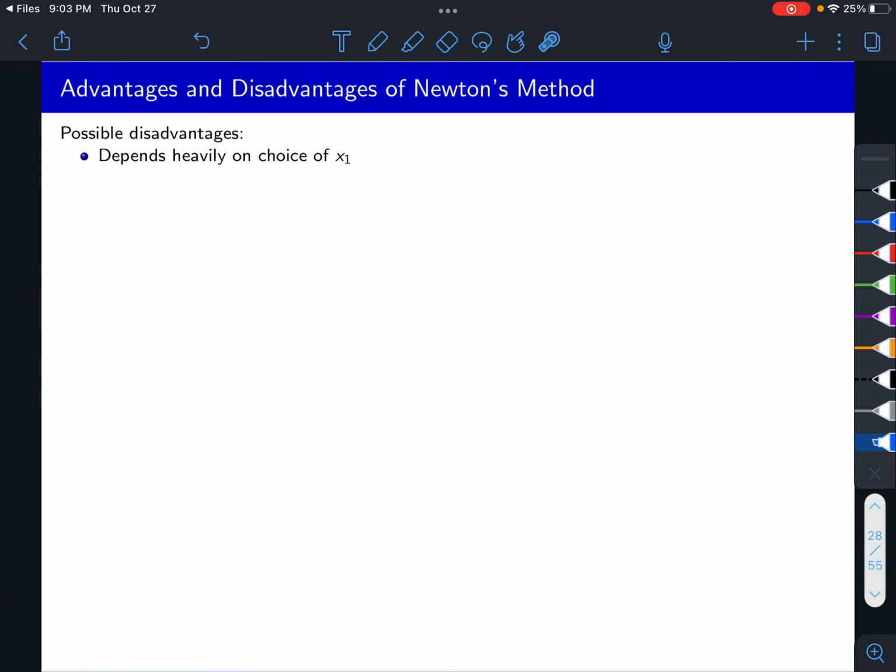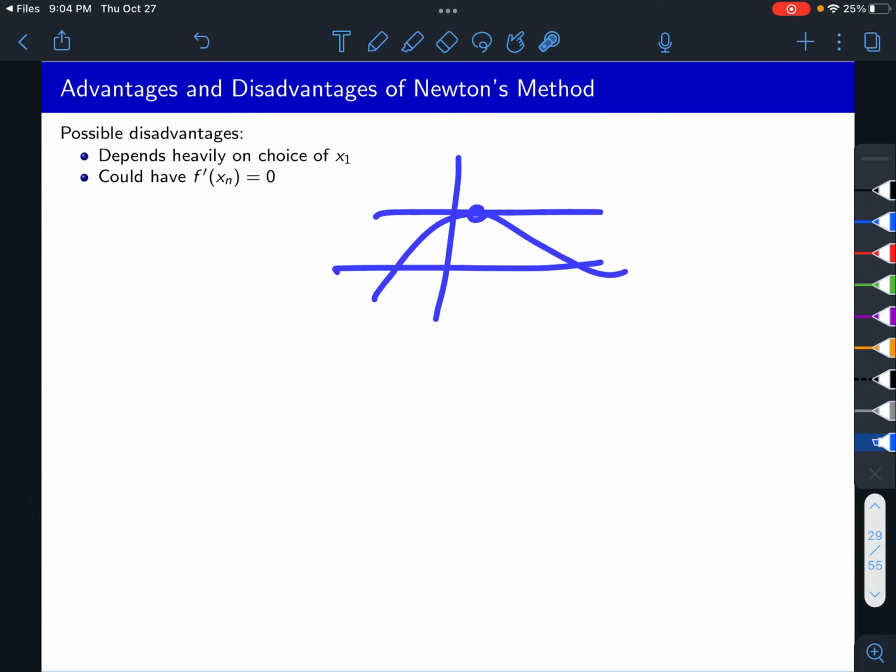So if we were to make our first guess x sub 1 equal to 5 versus making it 17 or 105, that will drastically modify our process, how accurate our results are, and how quickly our results will give us something accurate. You could have that the slope is equal to 0, in which case your tangent line is just never going to cross the x-axis and you won't be able to find a solution.